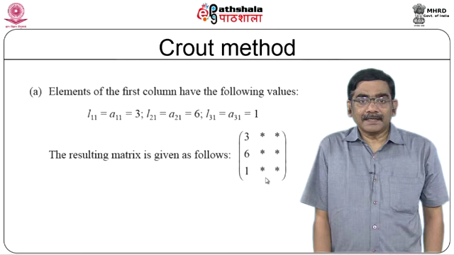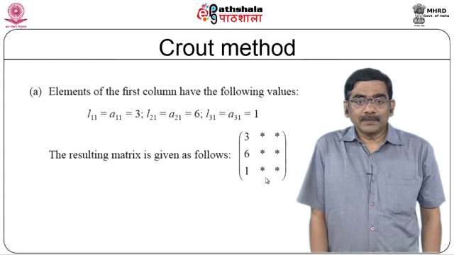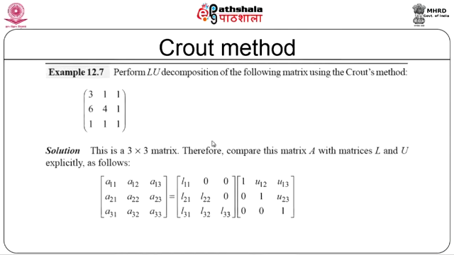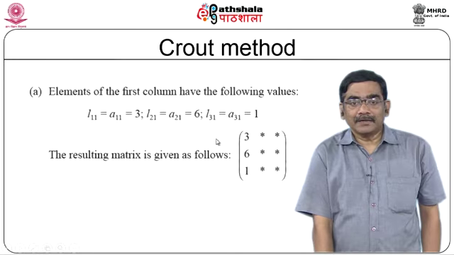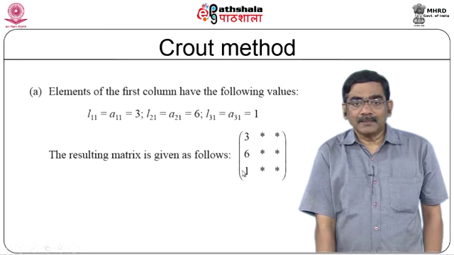So, you can see that the first step is L11 equal to A11, L21 is equal to A21 and L31 equal to A31. So, now I can use the values straight away, 3, 6, 1, and I can find the elements of this particular column.